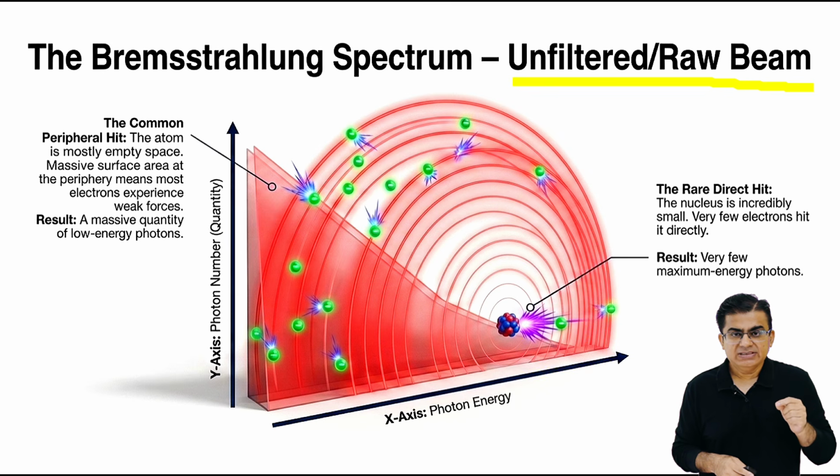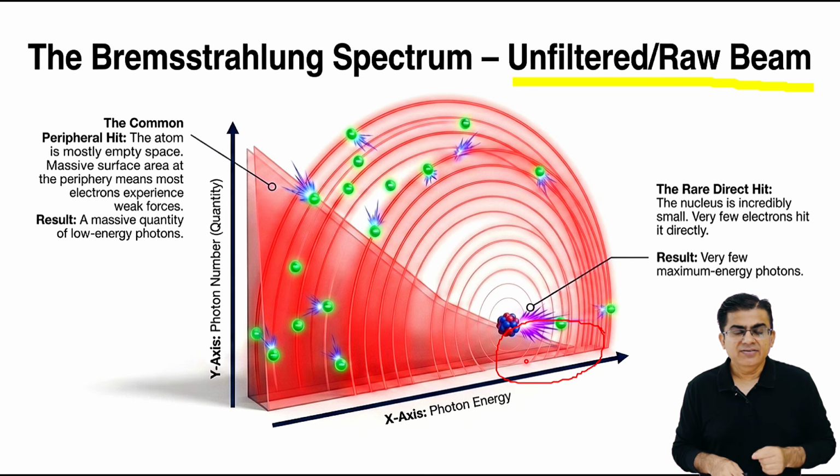I want you to understand why this curve is small. As we discussed earlier, a direct hit with the incredibly small nucleus is statistically very rare. See this electron hitting the nucleus directly head-on. Because it is so rare, you can see that very few maximum energy photons are actually produced.